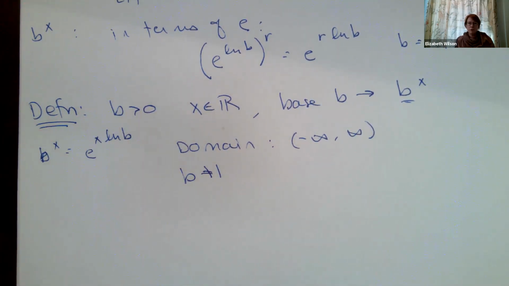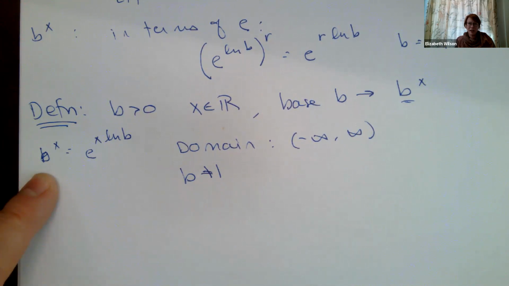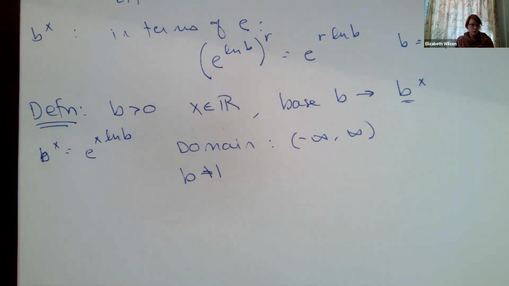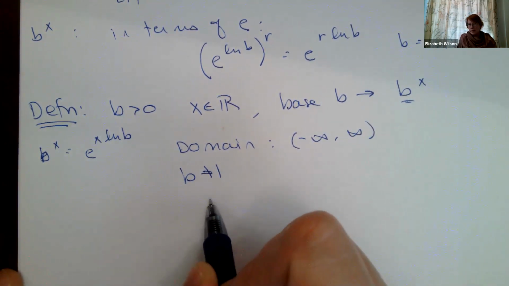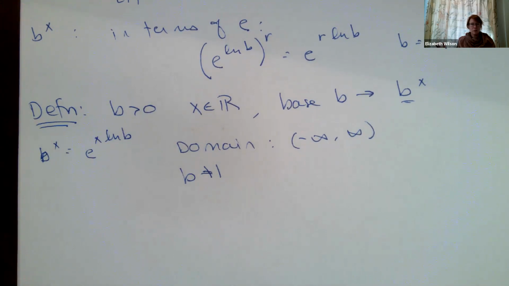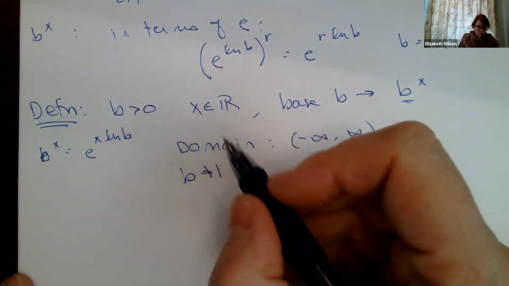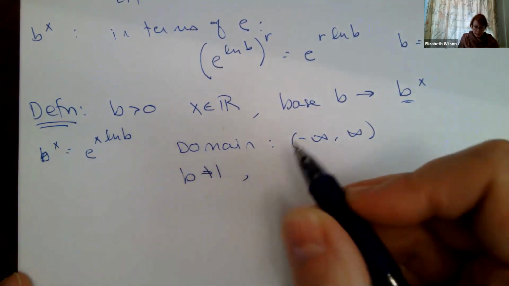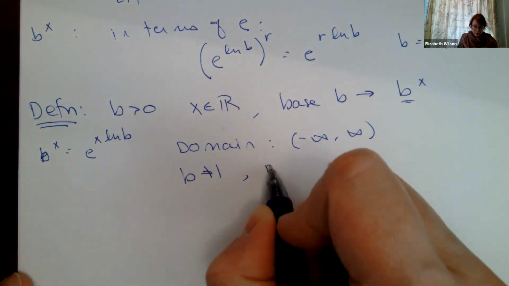It's not a domain restriction, like a divide by 0 error or a radical of a negative number. It's just that 1 raised to the x power is equal to 1. It's not very interesting. It's not an exponential function anymore, it's just a constant. So that's why we tend to avoid it as a base, because it reduces down to a constant term. It's a guideline as opposed to a domain restriction.